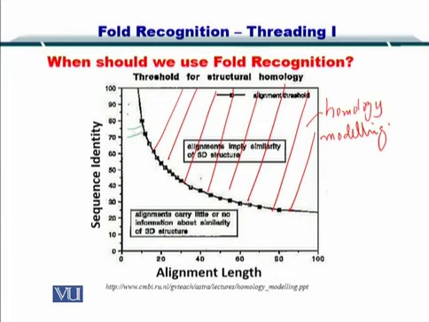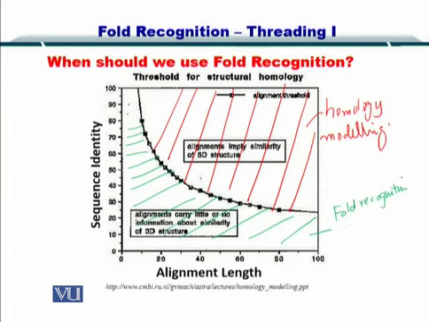But if your alignment and identity fall in this range, then you go for fold recognition or threading. Earlier we were talking about the red region for homology modeling, and now we are going to talk about this portion.